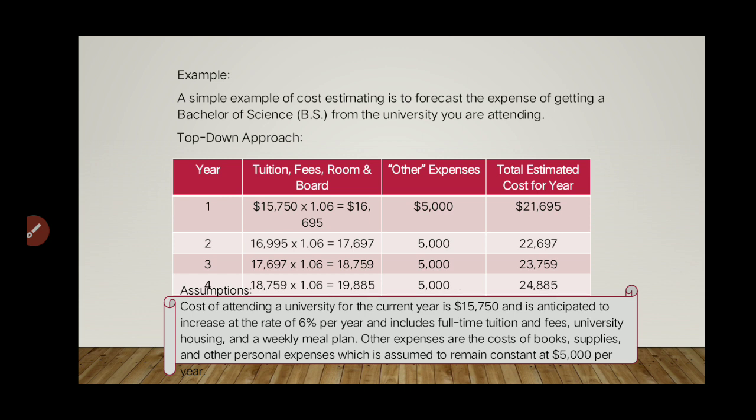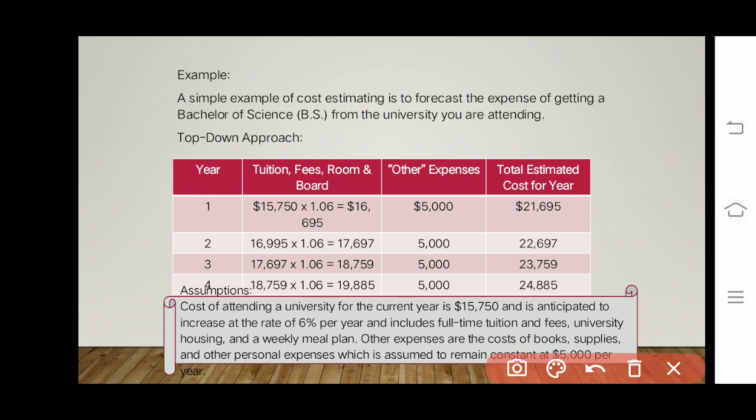So, we have here an example: kung ilan yung gagastusin ng isang estudyante para makagraduate ng isang course. Halimbawa, using top-down approach. Let's say, sa first year mo sa isang school, last year, ang tuition fee is 15,750.